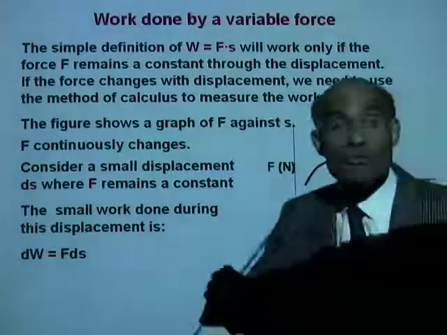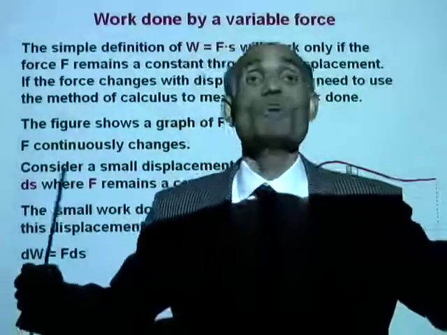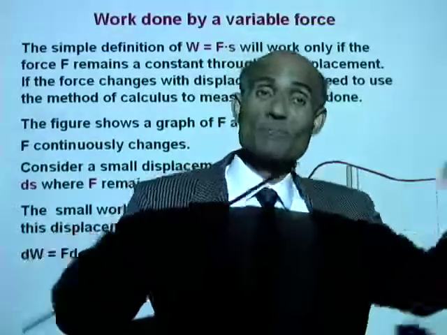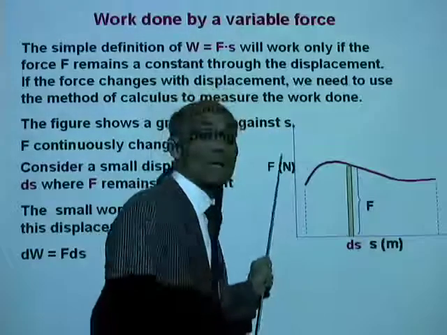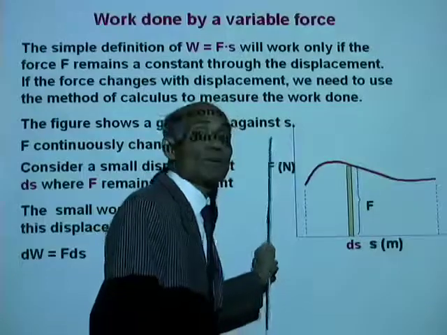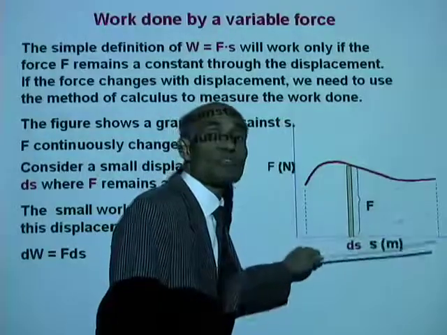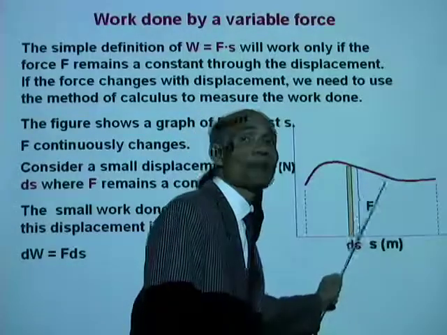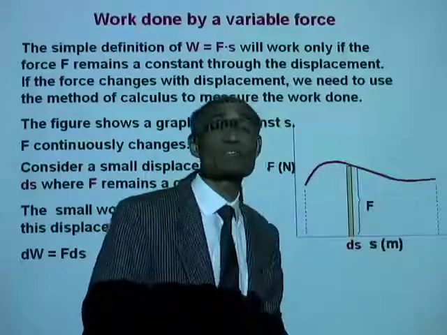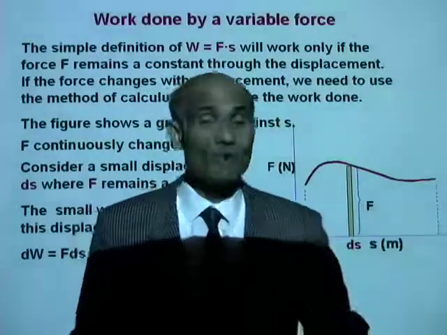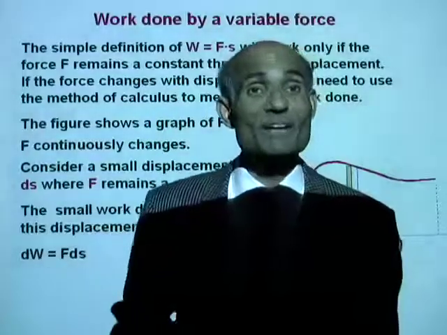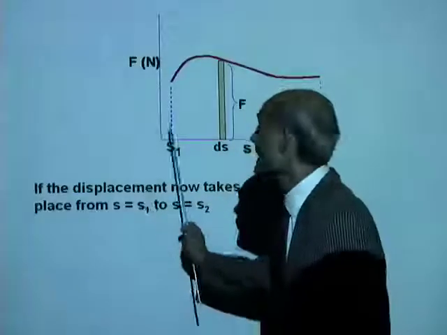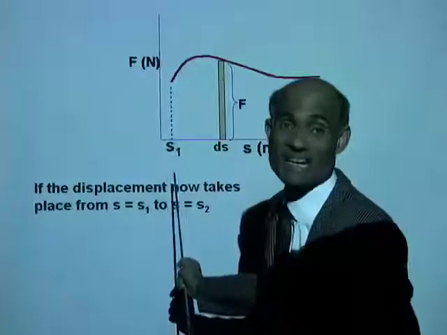Whether the force remains a constant or changes with time, if there is a graph available with force on the vertical axis and displacement on the horizontal axis, the area enclosed by that graph with the horizontal axis will be a measure of the work done. We will use that as we move on. It becomes more appropriate in calculating the work done in such a case.